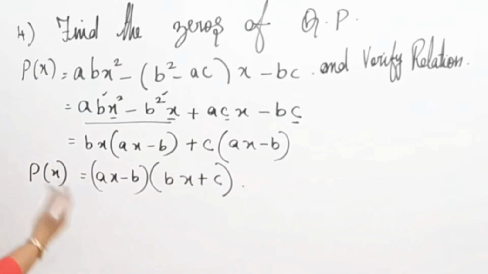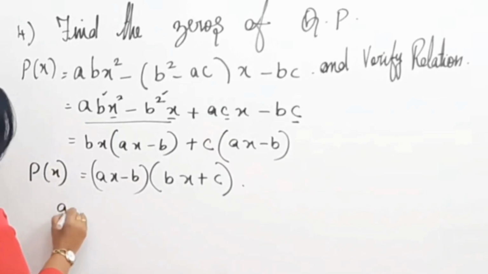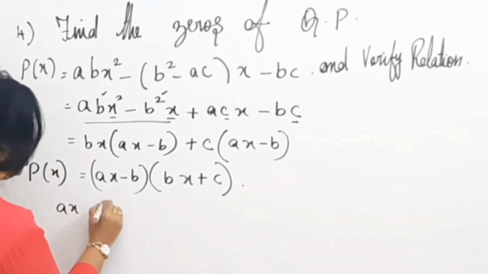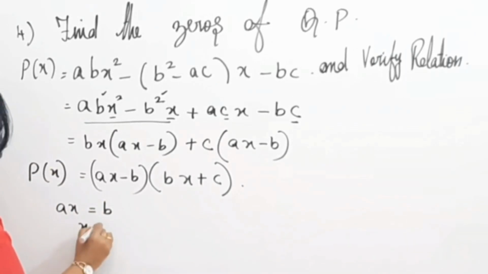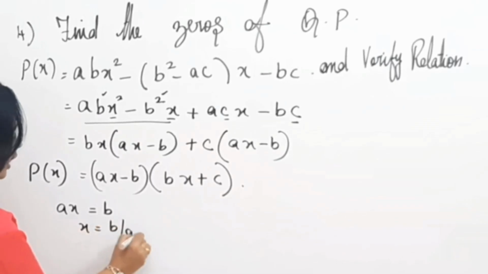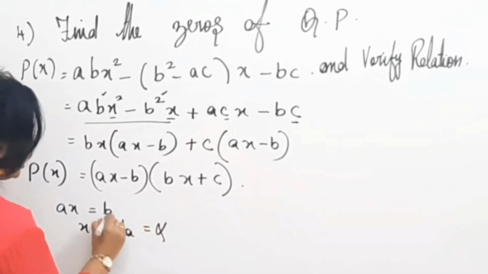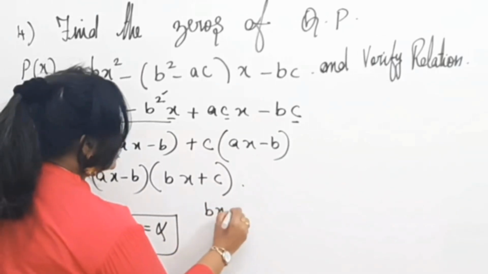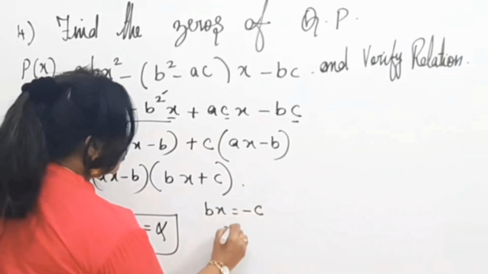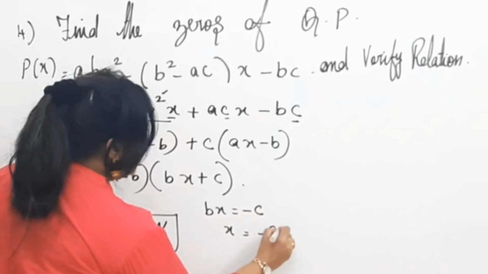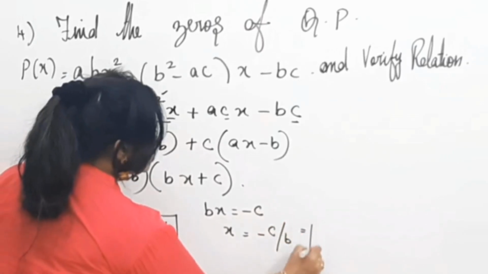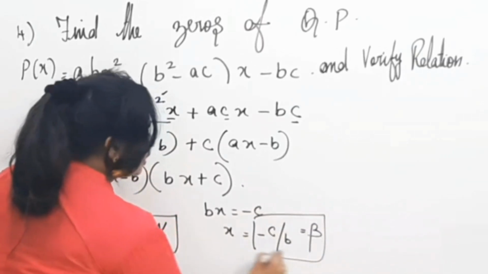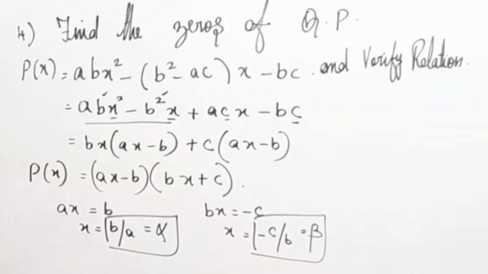To get my x, I would do ax minus b equal to 0. So x is equal to b by a, which is my alpha. And similarly, bx is equal to minus c, so x is equal to minus c by b, which is my beta. So I got my alpha as well as my beta.